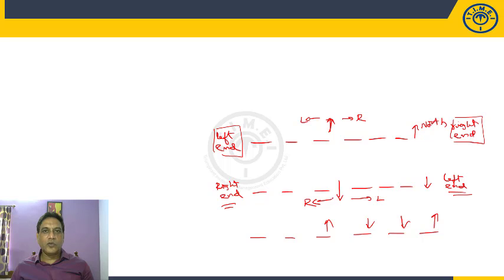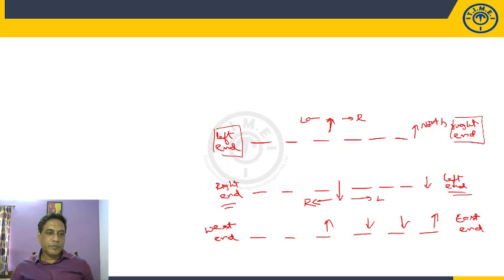When they are all facing south, it is the reverse. When some of them are facing north and some of them are facing south, there is no such thing like left end of the row and right end of the row. This is west end of the row and this is east end of the row. Okay?